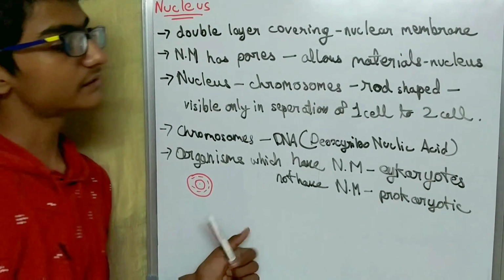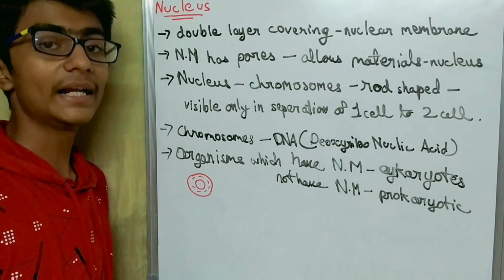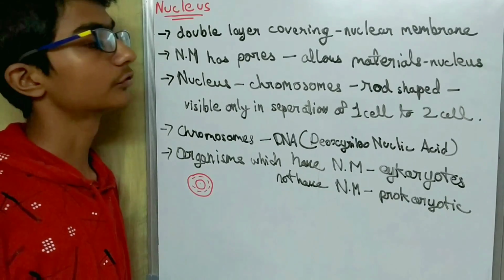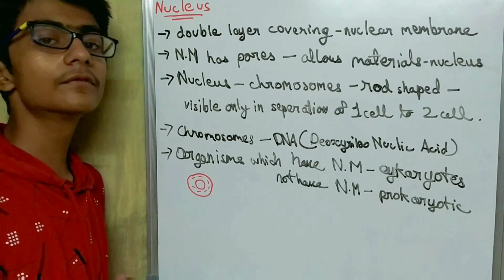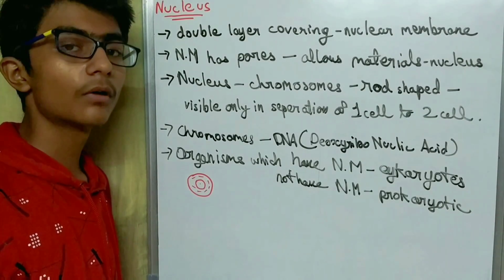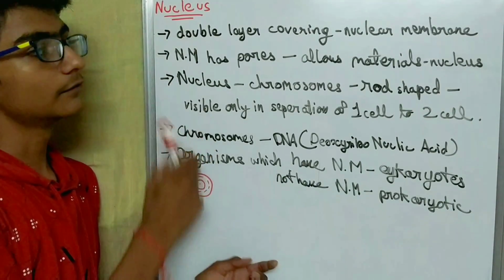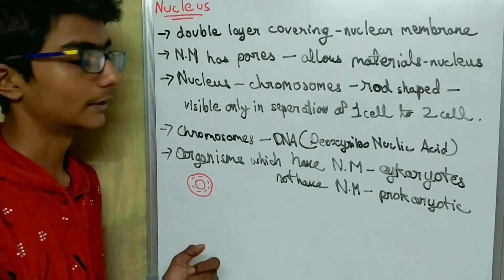So now, what is nucleus? Nucleus is the brain. Just like our brain gives orders to perform all the functions, nucleus gives orders to perform all the functions of a cell.